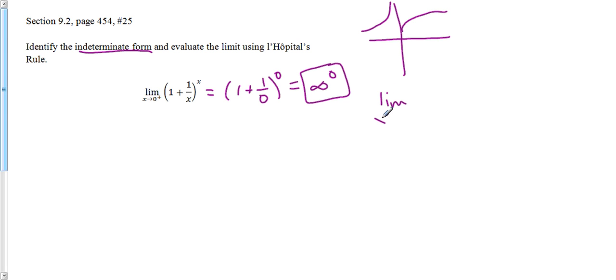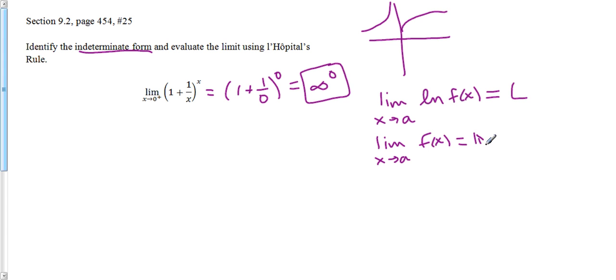If we're talking about the limit as x goes to a, the method we want to apply is first to find the limit as x goes to a of the natural log of f(x). And presumably that's going to be equal to L, which is going to be a reasonable, meaningful answer. However, what I'm really trying to find is the limit as x goes to a of f(x). So I need to employ the trick that natural log and e are inverse operators.